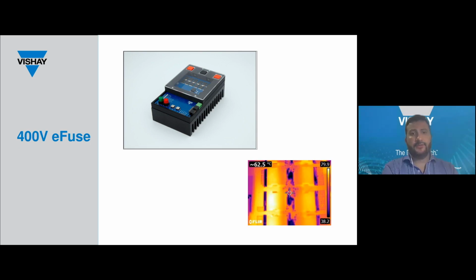In addition to the tools that I was mentioning, the complete reference design, the BOM, the Gerbers, and the schematic are all available on the website. So in summary, this new electronic switch and resettable fuse is for 48 or 400 volts.